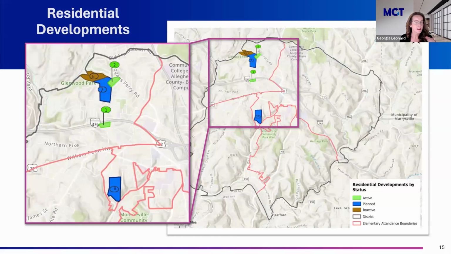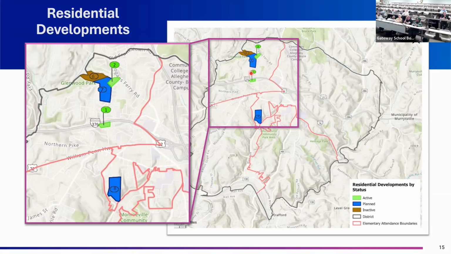And then this is a map of your residential development. You can see that most of it is in the Evergreen area. And you have a combination of inactive as well as planned and it looks like 2 active.